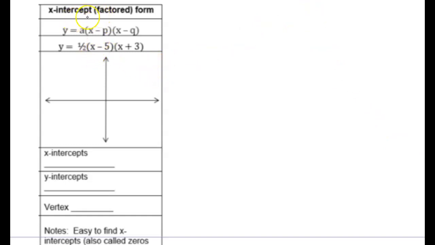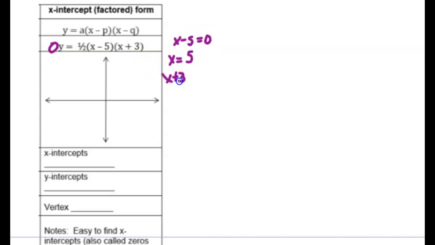This form is called x-intercept or factored form. It's great for finding the intercepts. If I set that equal to 0, what are the two places that will make this 0? If x minus 5 equals 0, I get x equals 5.